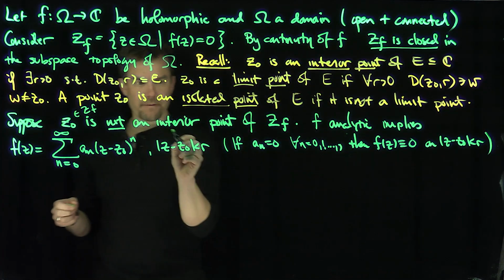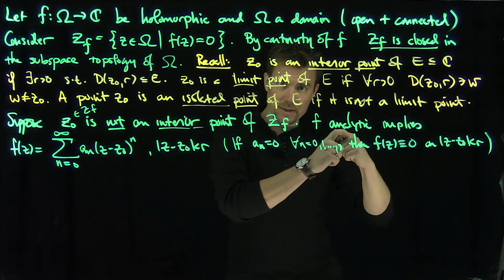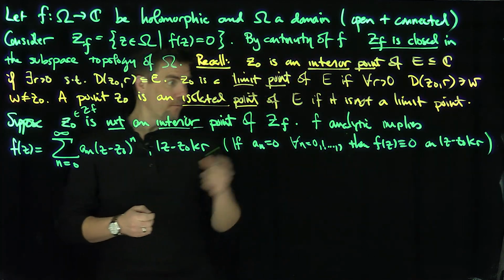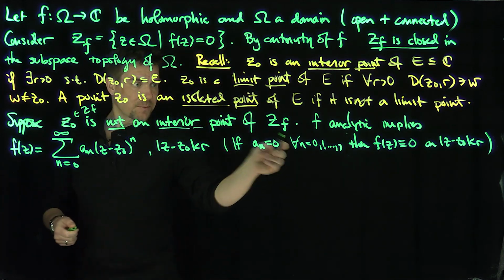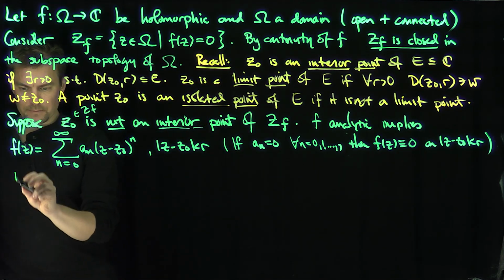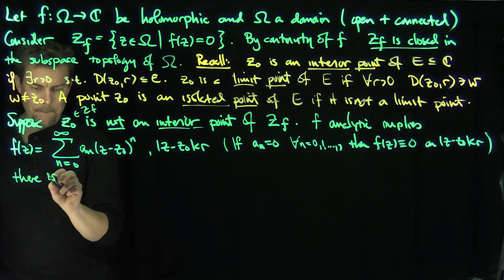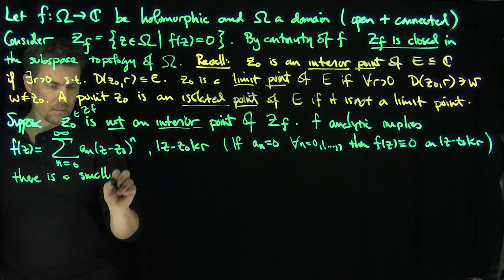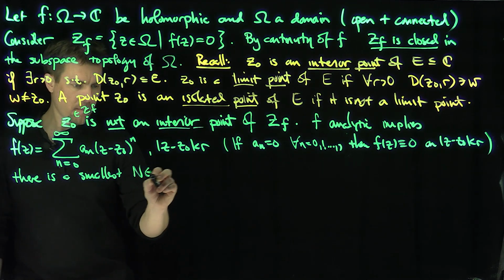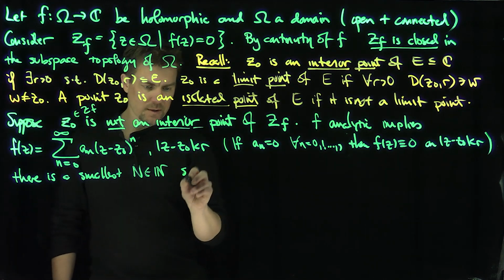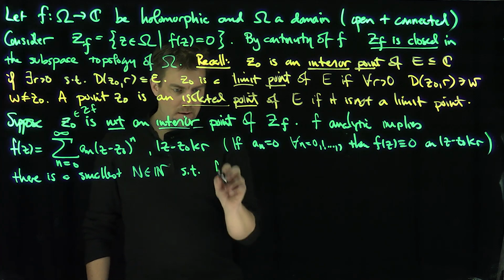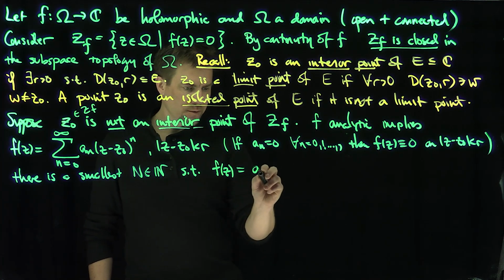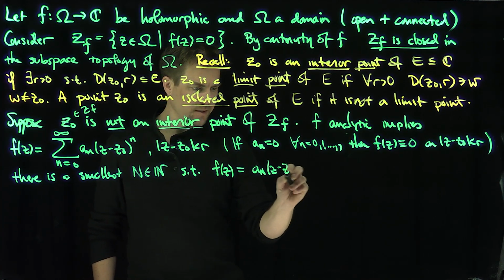And that contradicts the fact that you're not an interior point, because that means there's a little disk contained in the zero set, which forces z0 to be in the interior. So in other words, there has to be a smallest n in the natural numbers such that f of z is equal to a_n (z minus z0)^n.